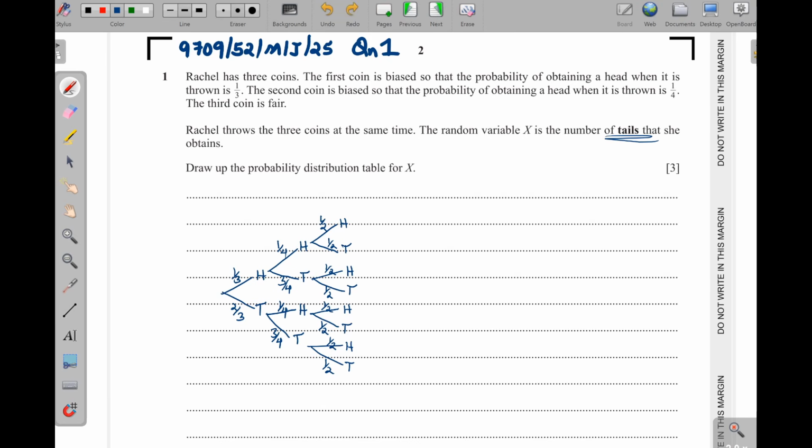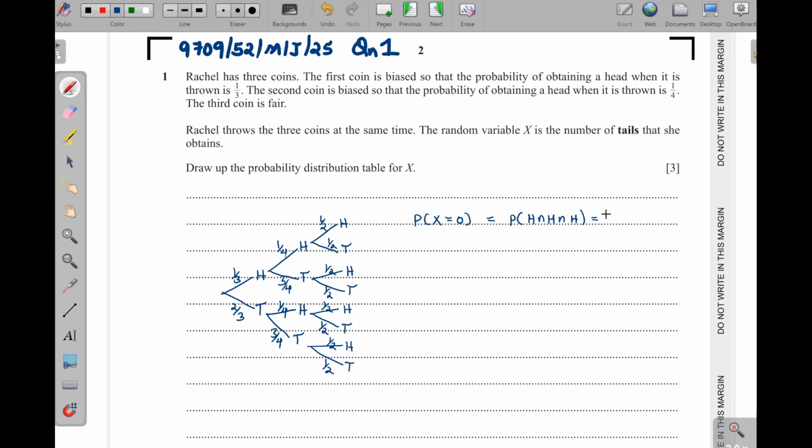So that means for no tail, I'll get that as probability of x is equal to 0. That is if x is the random variable for obtaining the number of tails. So this is the same as saying we get all heads.